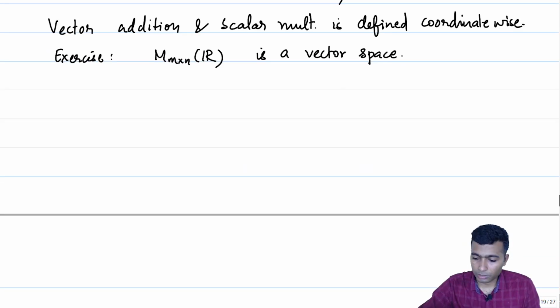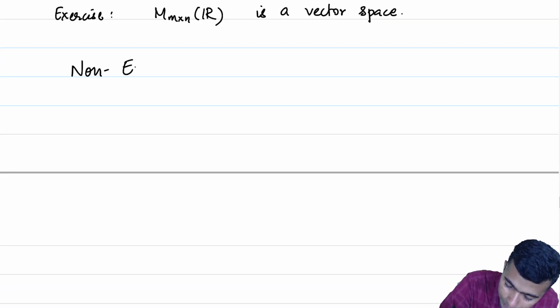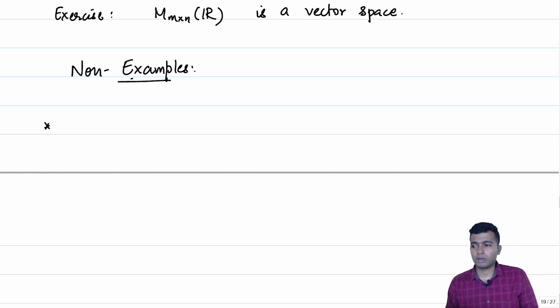Now that we have spent so much time to talk about examples, let us also discuss a few cases which will be non-examples. So let me just write it down, non-examples. One example would be, consider all polynomials of degree equal to n.